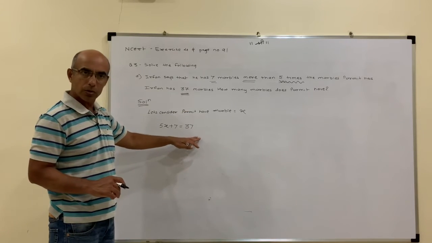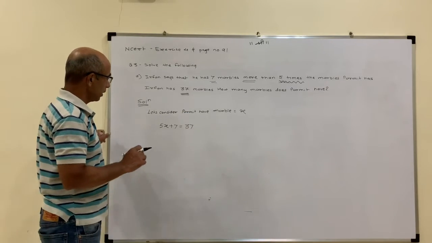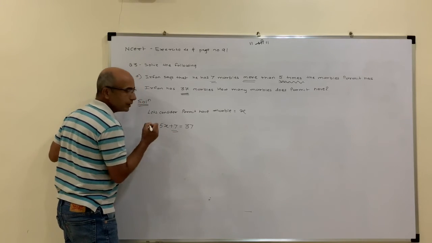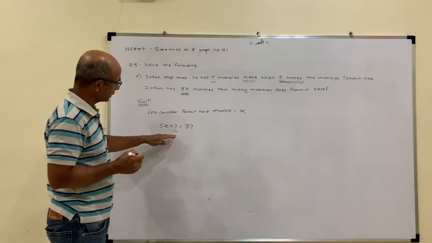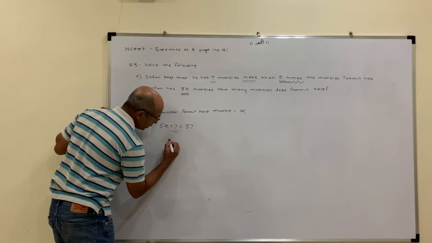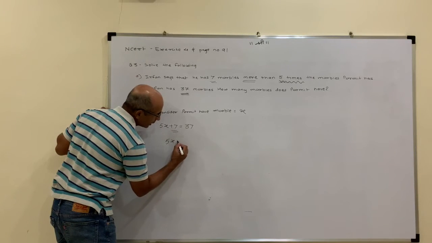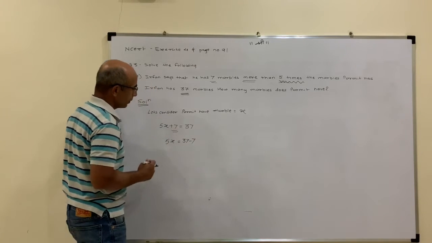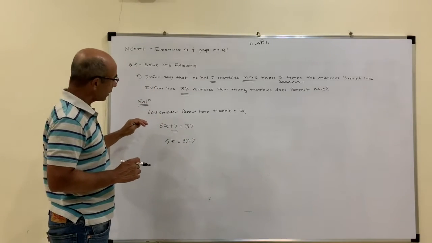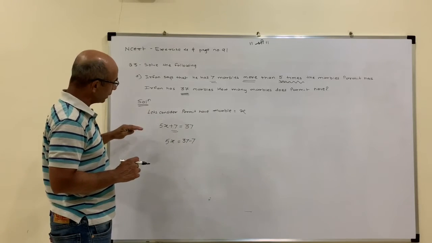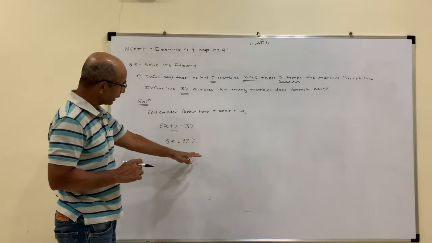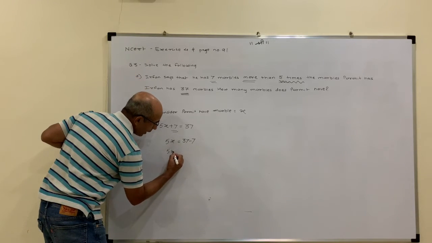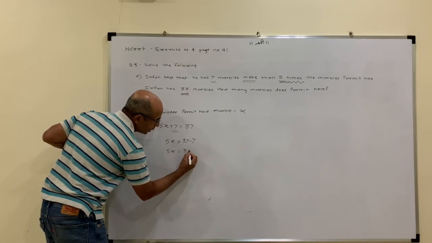So equals to 37. Now we'll be solving this equation. Here the plus 7, the 7 number is added, we'll transpose it onto the opposite side, that is on the right hand side. So 37 minus 7. Since when we transpose a plus 7 from the left hand side to right hand side, it will be subtracted. Now the next step will be 5x equals to 30.